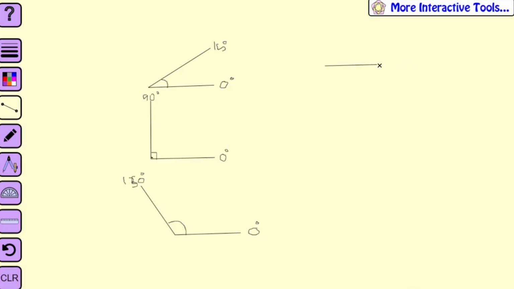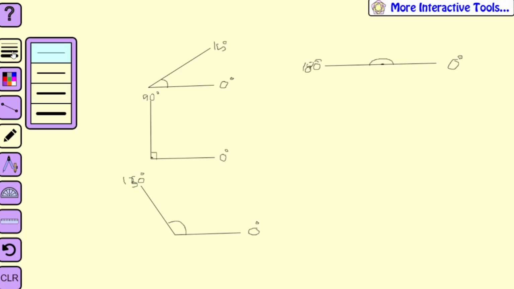This angle is what we call a straight angle. This angle goes from 0 to 180. So this is a straight angle. It's always going to be 180. It's a straight line.